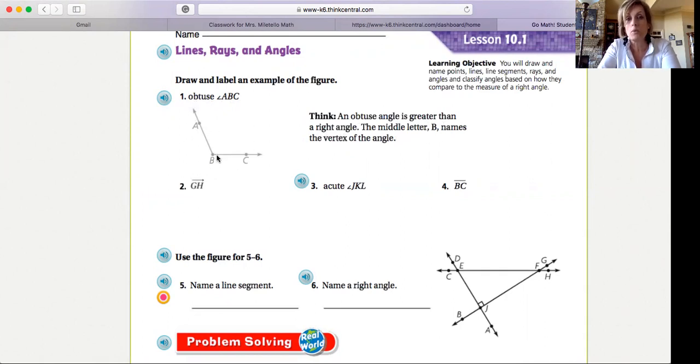Here's one other thing I wanted to point out. So angles, we talked about lines yesterday in the PowerPoint video that I did. Lines have arrows on each end, right? Because they continue in both directions. Angles have to have arrows on each end because these are actually rays, 2 different rays.